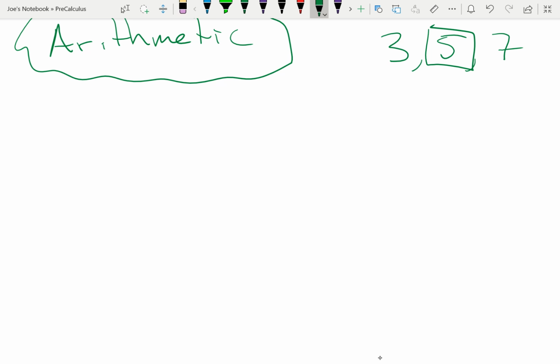The average, the mean, of 3 plus 7, divided by the number of terms, 2, happens to be the number in the middle. That's the arithmetic mean, and that has consequences. It means that the number that you add to each term to generate the next will be the same number.